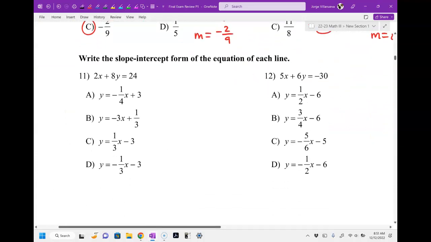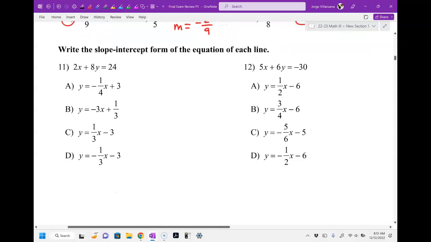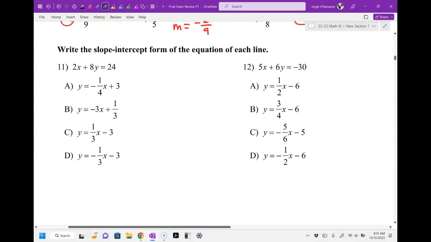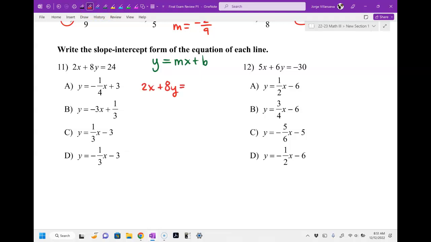Number 11. Write the slope-intercept form. Now, slope-intercept form is y equals mx plus b. In other words, solve for y. Okay, just solve for y. That's all you got to do. So I have 2x plus 8y equal to 24. I'm going to subtract 2x.